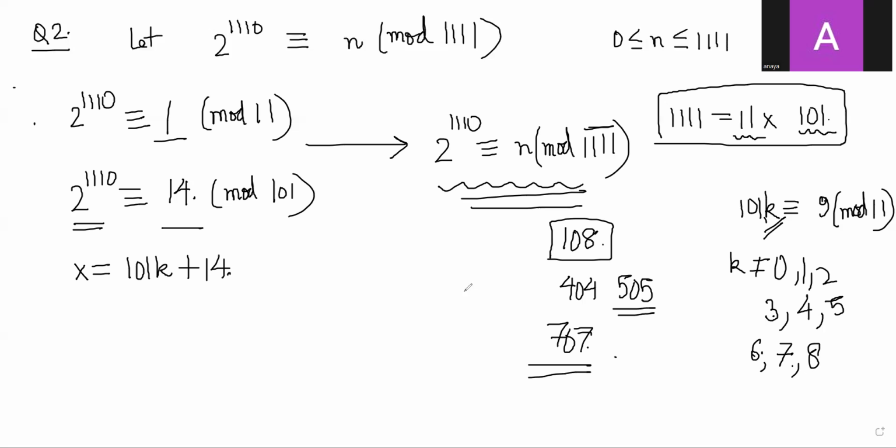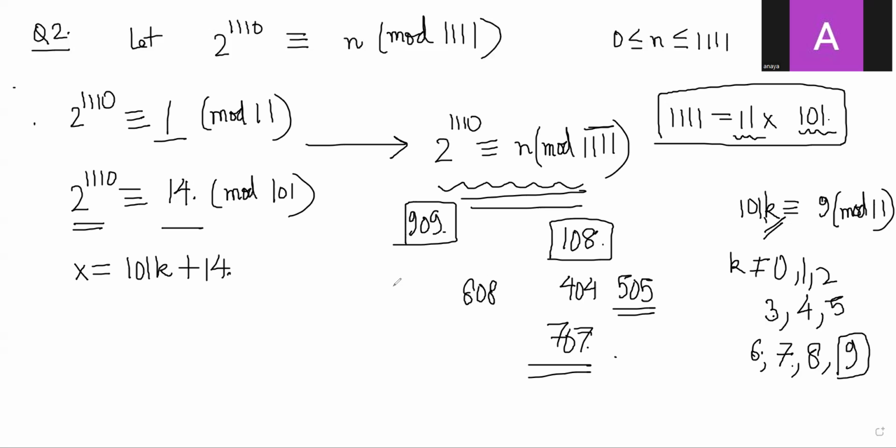8 is coming 808, and that is 770 plus 38, which is again 5 mod 11. The product is becoming 5 mod 11. And finally 9. K is 9 mod 11. That will be the only way it works, I think. 909, you get what? 880 and 29.